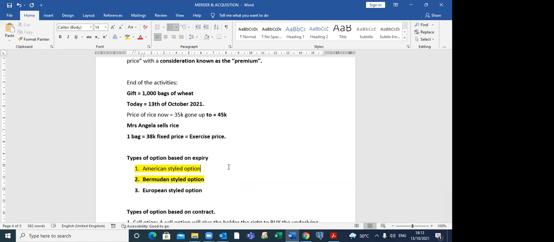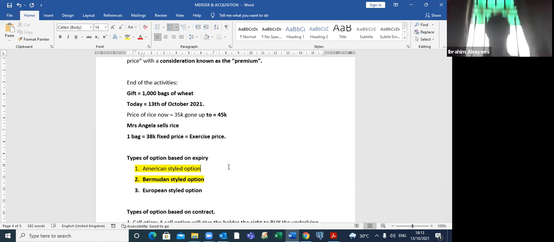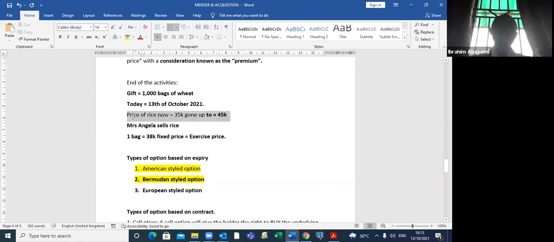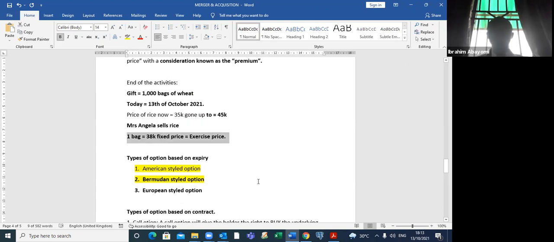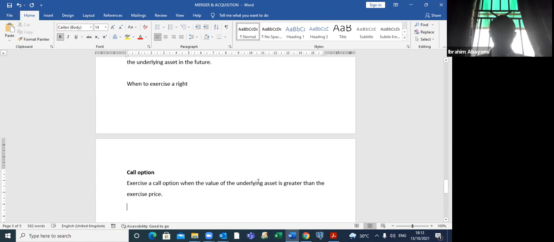So when do I exercise my right? I exercise my right because the value of the underlying assets is greater than the exercise price. Can you see that? That is where you make a profit. So it simply means that when S0 is greater than E, exercise your right.